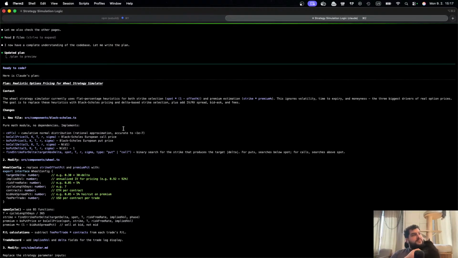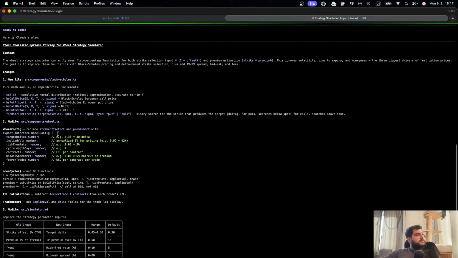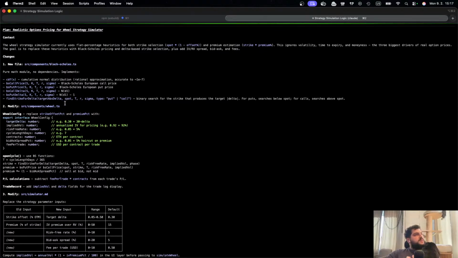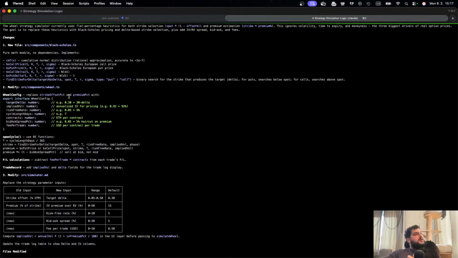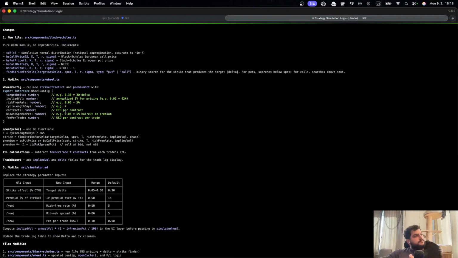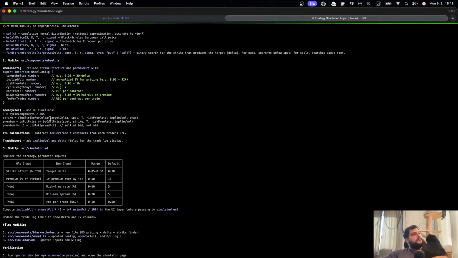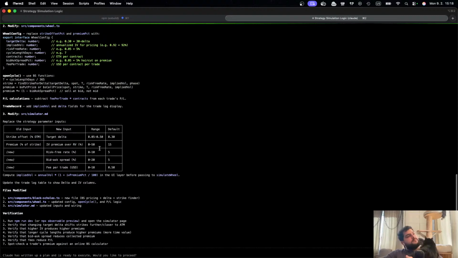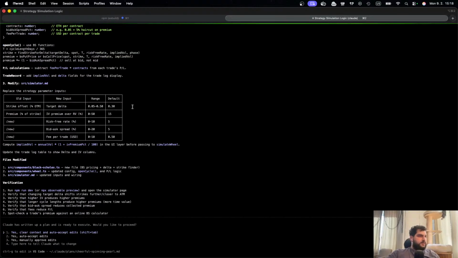The wheel strategy simulator. Okay, new file Black-Scholes. Modify the wheel with a different config. Okay, I think let's just let it go.